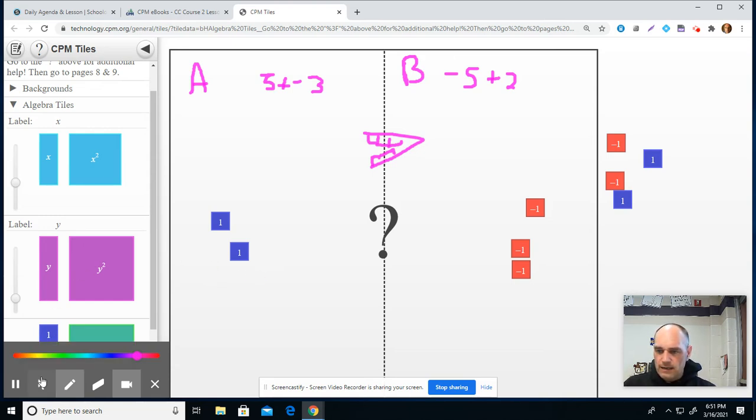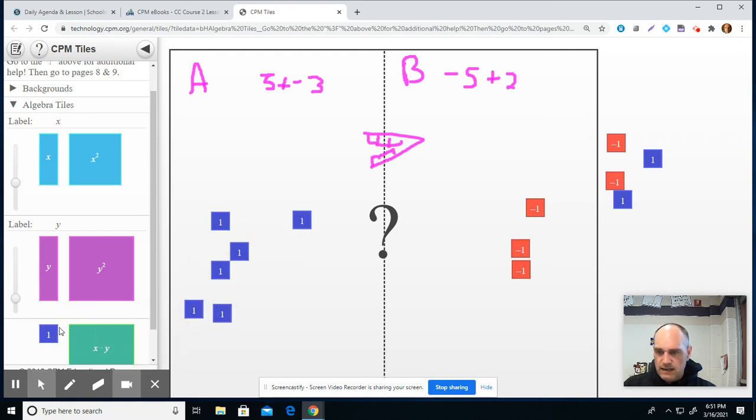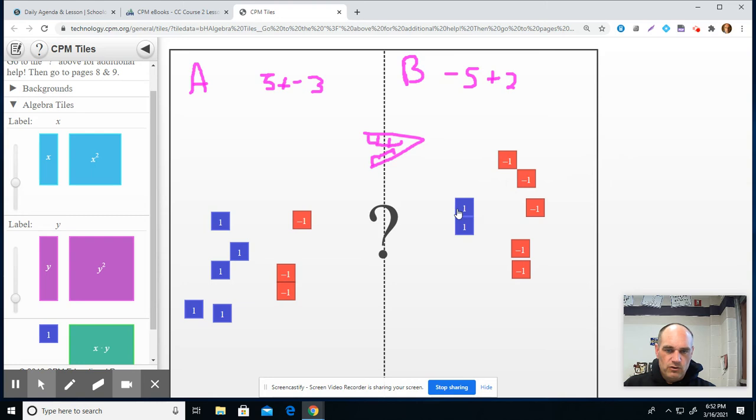Another way is, let me set my board back up. So once again, I have 5 positives, and then I have 3 negatives. And let's flip them over and make them negatives. Over here, I had 5 negatives, sorry, and 2 positives. All right, so I need to come up with a different way to compare.